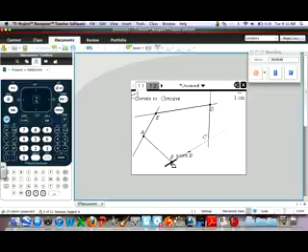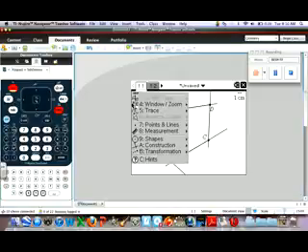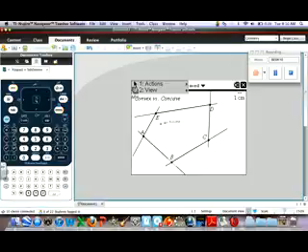So I'm going to go ahead and do the same thing. I'll measure all my exterior angles. But I need to do some construction here, though. And we're going to do the same thing. Only this is actually going to be a little bit easier for me.